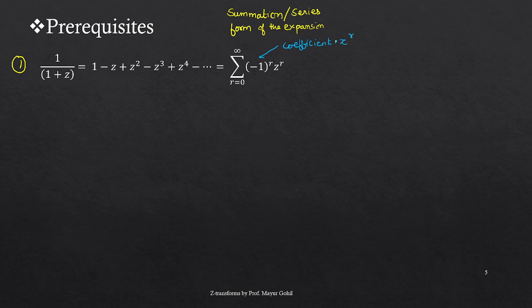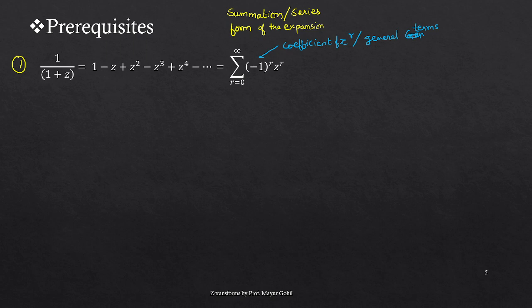Okay, coefficient of z to the power r is of our interest. That is why we are doing this, the general term. That is what is of interest to us, that is why we go through this.